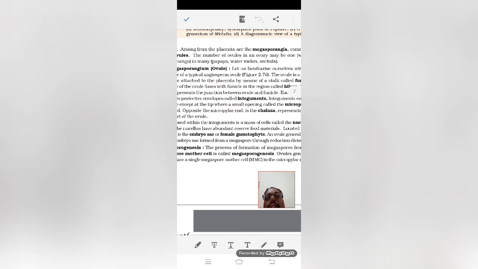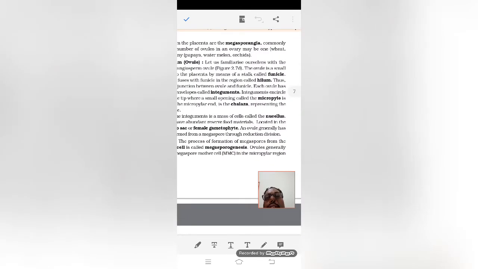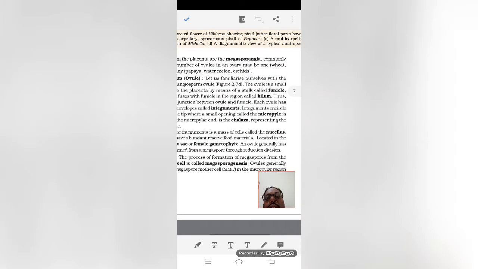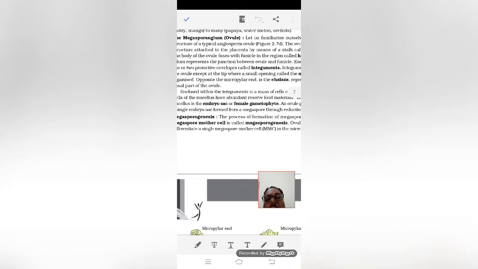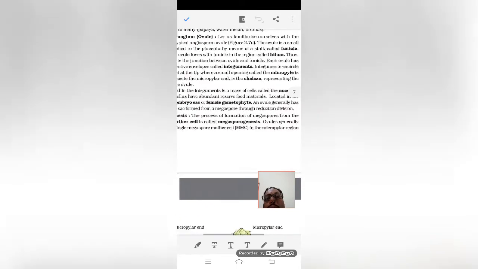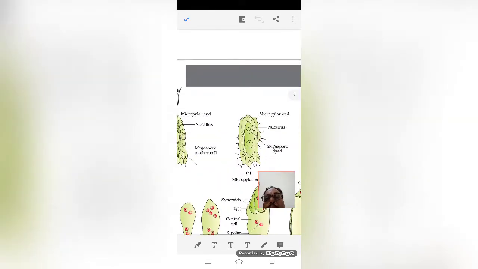So now we are going to study about that, and the next question is where this megaspore mother cell comes from. This megaspore mother cell originates from this nucellus. This nucellus will undergo division, and one of the nucellus cells will become a sporangium, and that particular cell is considered the megaspore mother cell, and this megaspore mother cell will form like this.